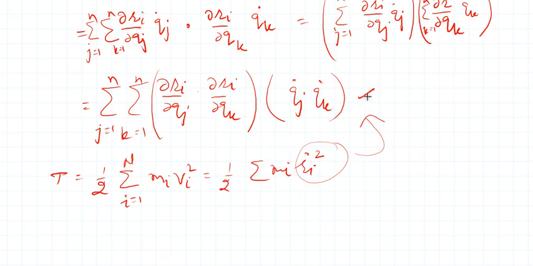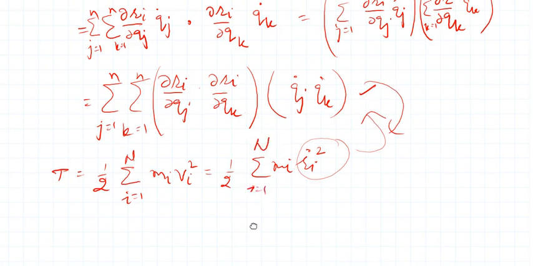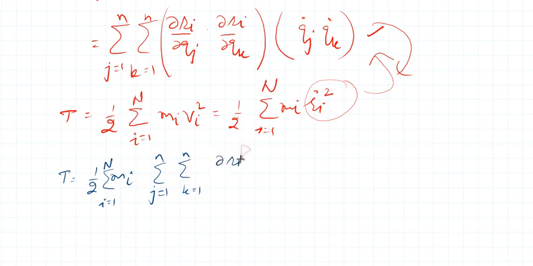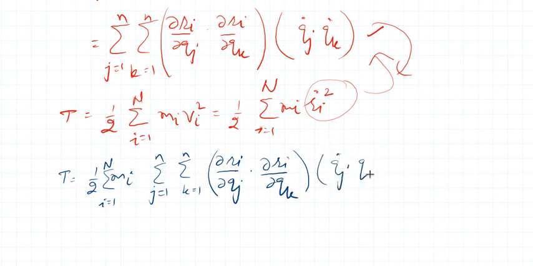If I put its value in, then the kinetic energy is equal to 1 by 2 mi, summation over i from 1 to n, summation over j from 1 to n, and summation over k from 1 to n, of ∂Ri/∂qj times ∂Ri/∂qk into qj dot qk dot.